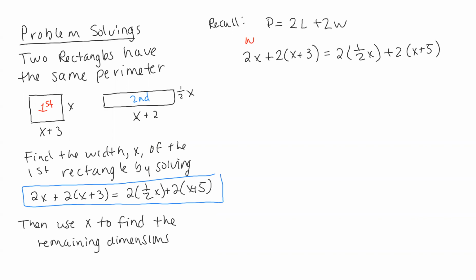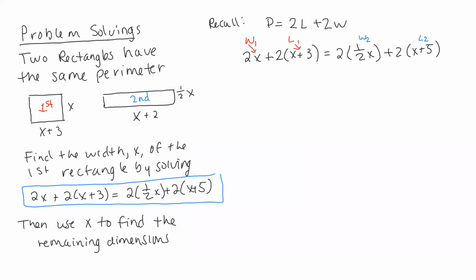So we have the width of the first rectangle and the length of the first rectangle, both multiplied by 2. And then for the second rectangle, we have the width of the second rectangle and the length of the second rectangle.